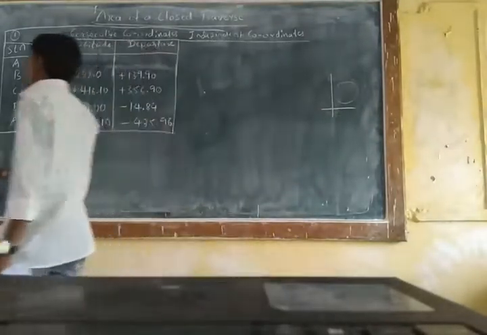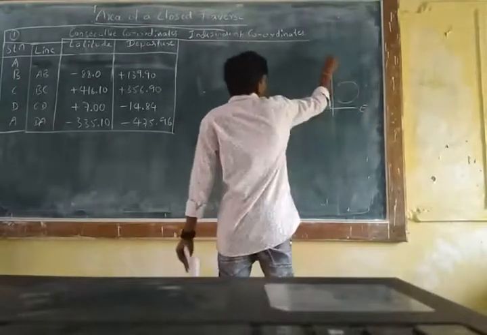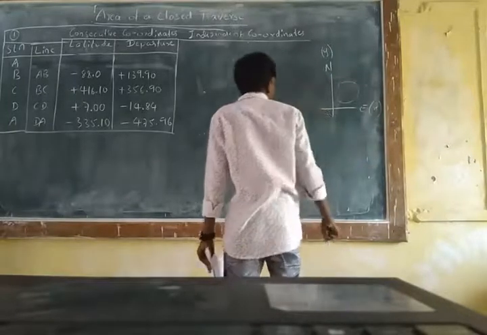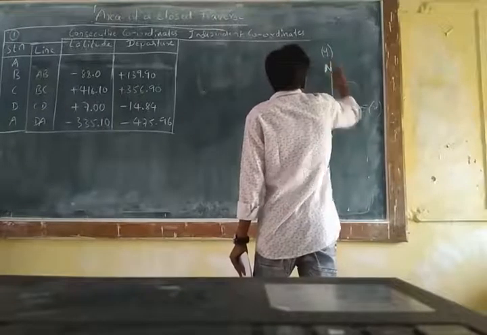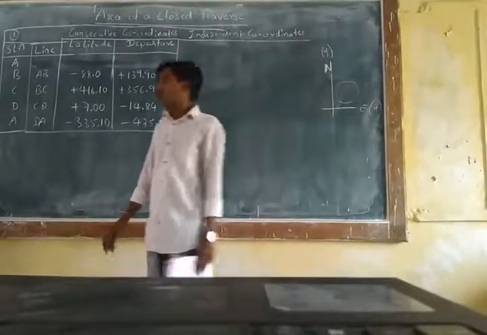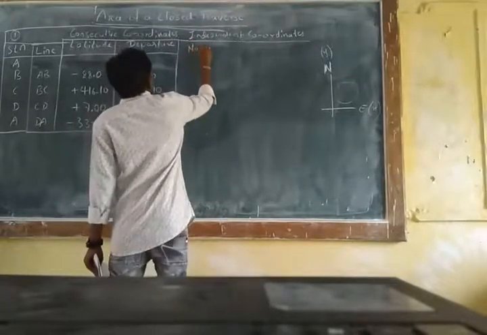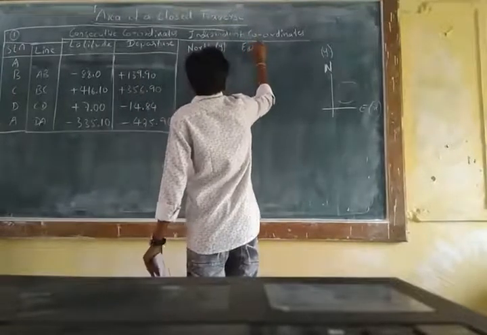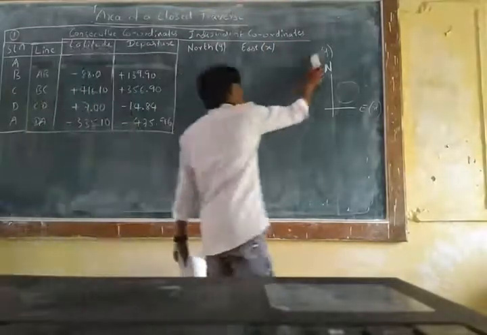First quadrant means north and east, so the y coordinates will be north and the x coordinates will be to the east side. As per that figure, you can write here north, that means y coordinates, and east, that means x coordinates.